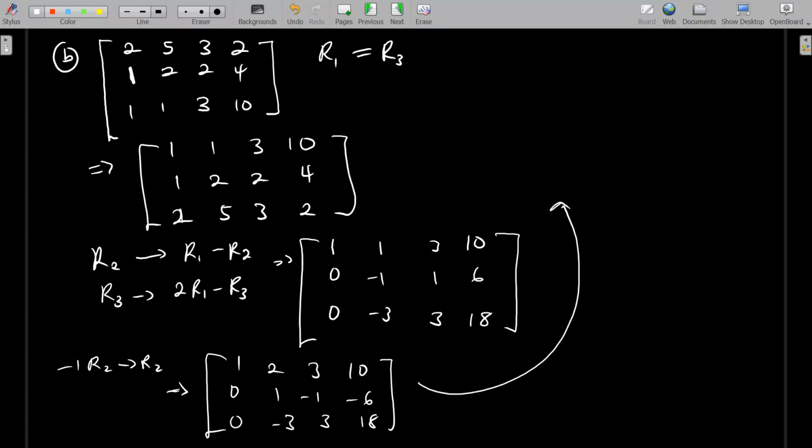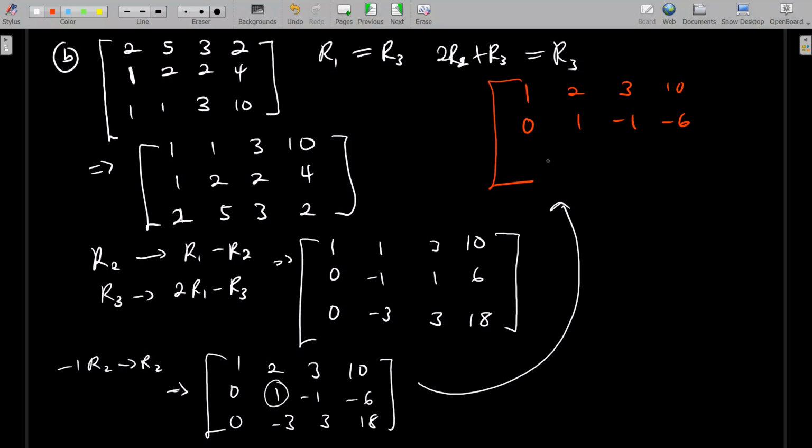So what I'm going to do is multiply row 2 by 3 and add it to row 3. So 3 row 2 plus row 3 should give us a new row 3, and that's going to transform to this final matrix, which is 1 2 3 1 0, 0 1 negative 1 negative 6, 0 0... sorry, this is supposed to be 3 times row 2.